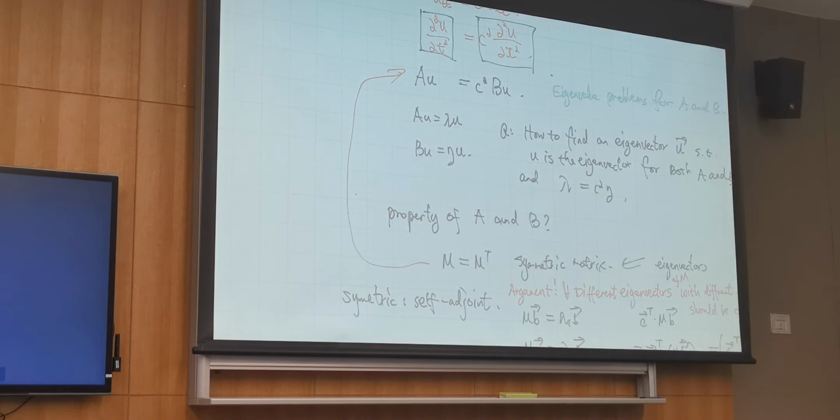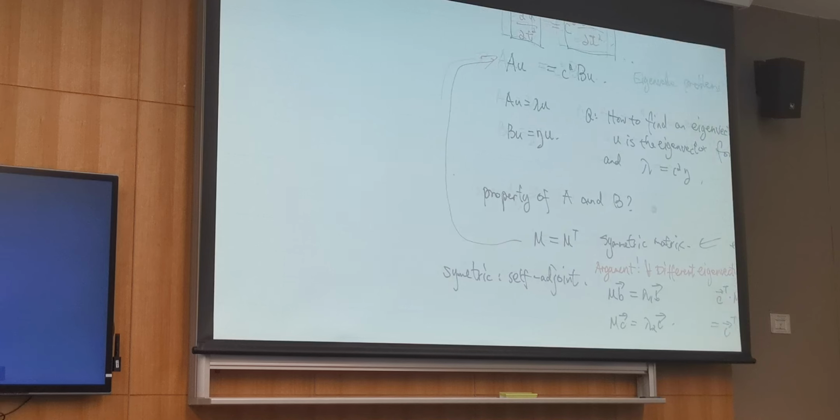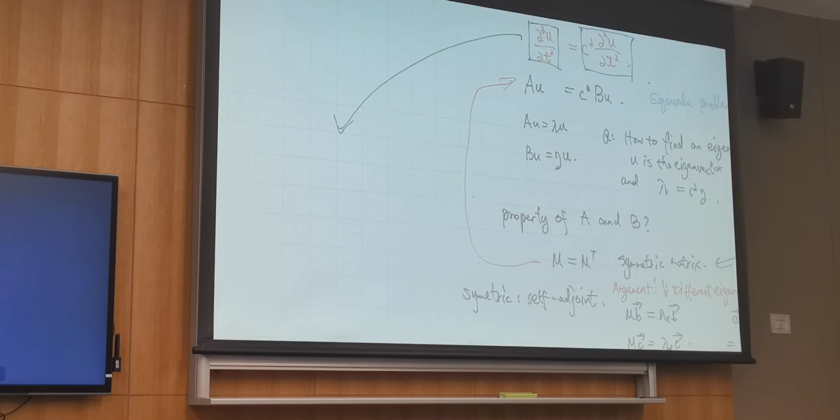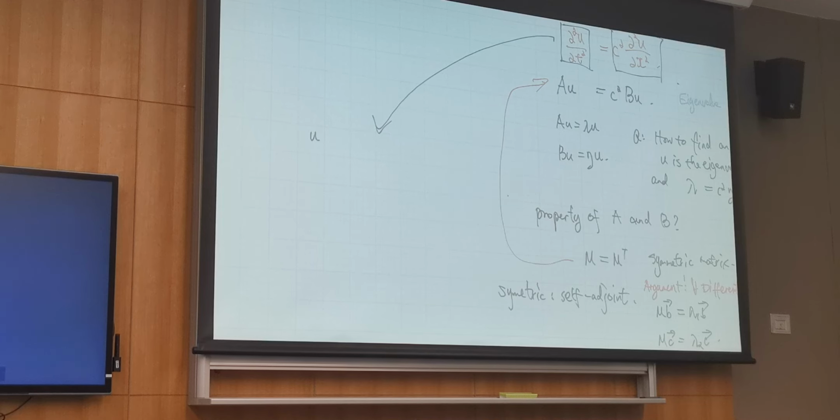Okay, but let me do the following. So now the new argument is that, let's say A equals partial square partial t square, and B equals partial square partial x square, are indeed self-adjoint operators.